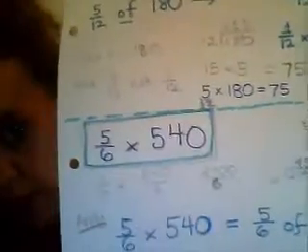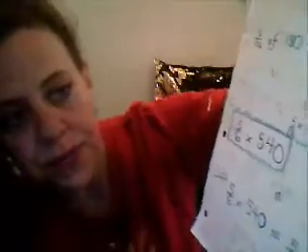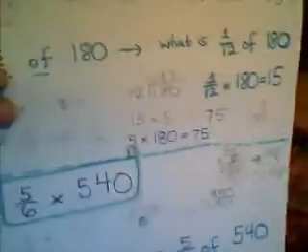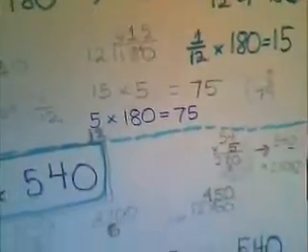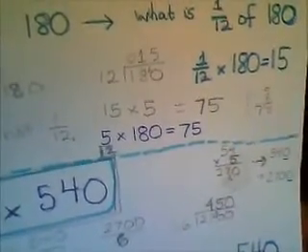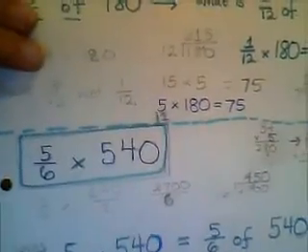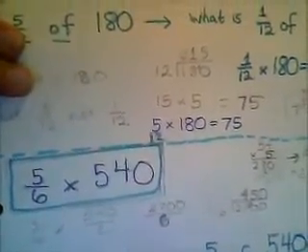5/6 times 540 over 1. What I'm going to do is I'm going to just use my superhero 0 really quickly and say 54 times 5. You see that? I'm not just going to talk it all through, but you can see what I've done there. Okay? I'm going to put superhero 0 back in place, and that gives me a total. 5 times 540 is 2,700.